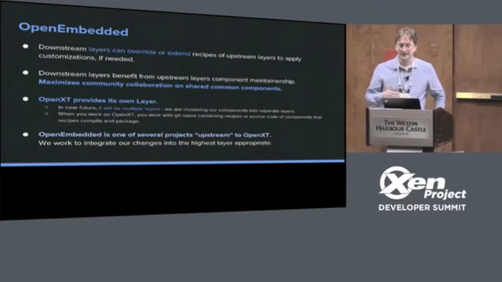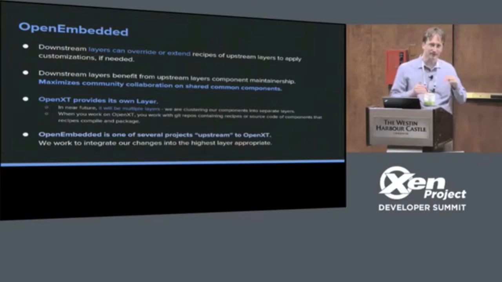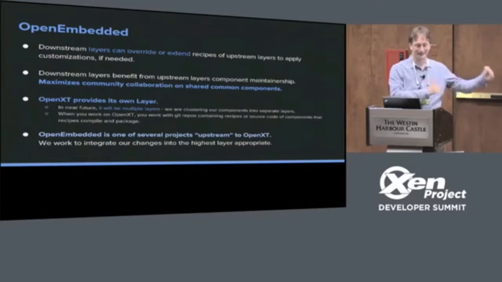There are additional layers you can apply on top of that that are not necessarily part of the core, that allow you to introduce additional pieces of software that not necessarily everybody would want. So you can have this stacking of multiple OpenEmbedded layers in order to build a system containing a reasonable amount of software.